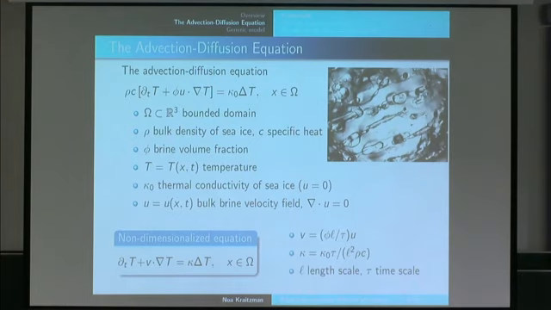Now, kappa naught, the thermal conductivity that we're taking in this model, is the thermal conductivity without the presence of fluid flow. And U is our bulk velocity field, which we assume to be incompressible.